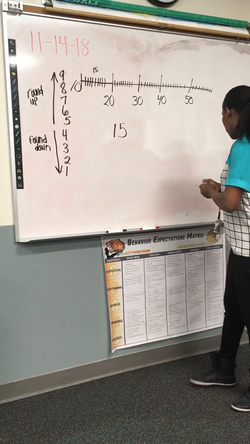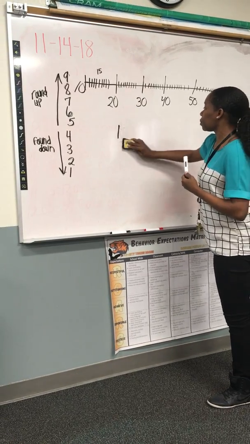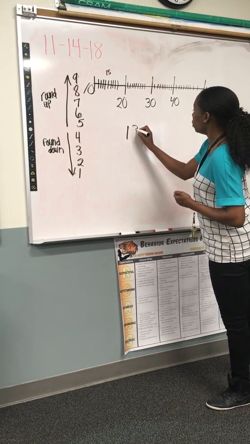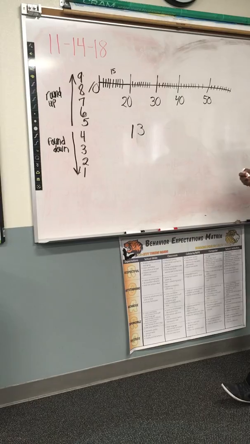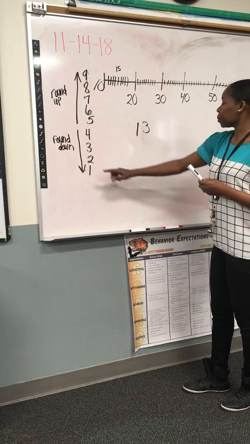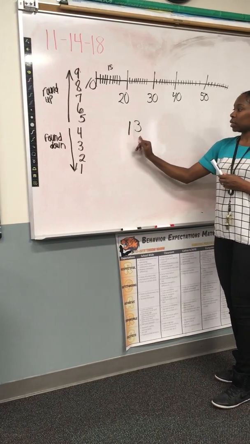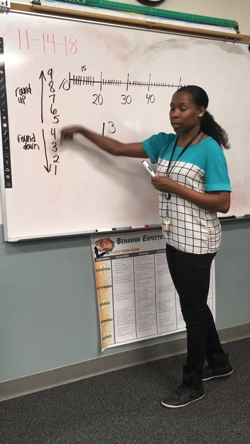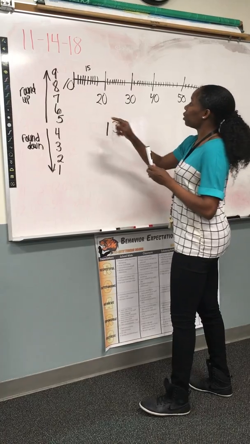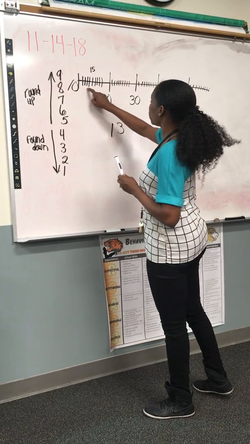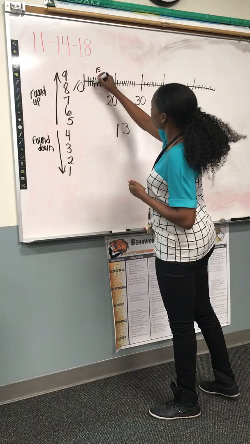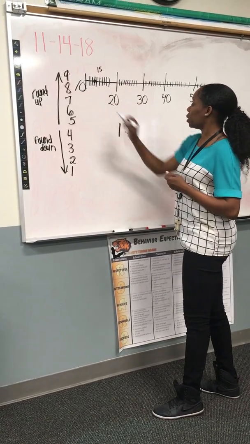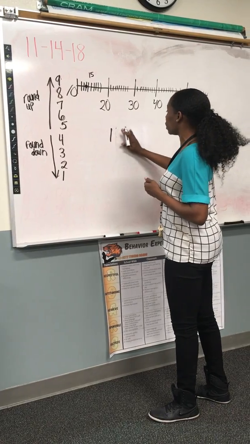So what do you think about rounding, let's say, 13? Look at your chart over here and look at the number that's in the tens place. Based off this chart, we're rounding which way? Down. So for 13, we have 10, 11, 12, 13. So 13 is here, and we're rounding down. So 13 is going to change to 10.